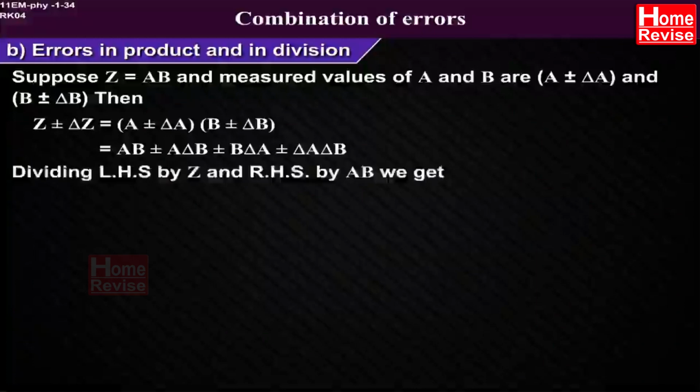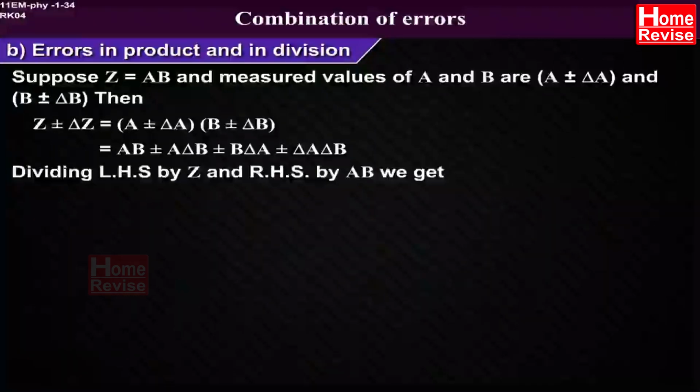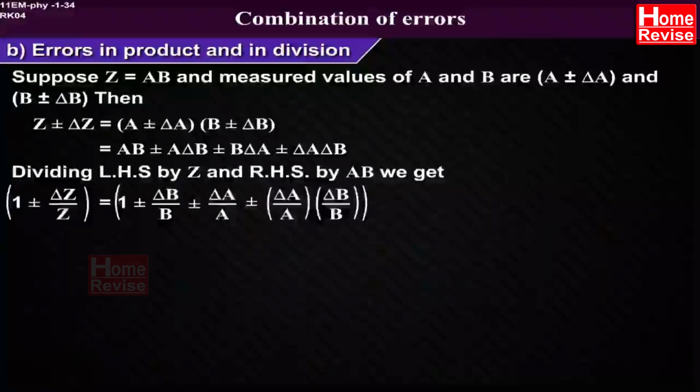Now, dividing the left-hand side by Z and the right-hand side by AB, we get 1 ± ΔZ/Z = 1 ± ΔB/B ± ΔA/A ± (ΔA/A)(ΔB/B).